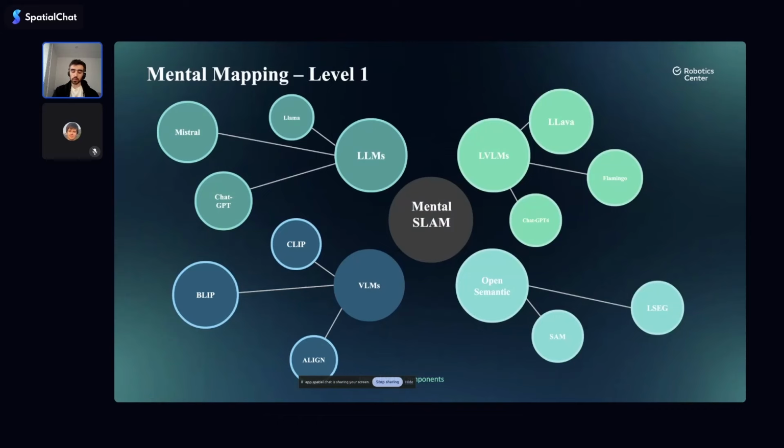So the next step is that we have this map. We need somehow to give the robot an understanding of how it can move in this environment. So between the open vocabulary maps that we are trying to build and the metric maps that we have, we built something called mental mapping, which is simply a level that consists of several points in space.